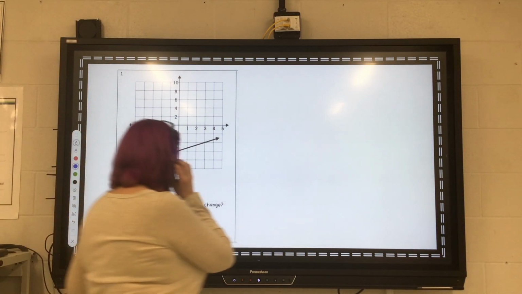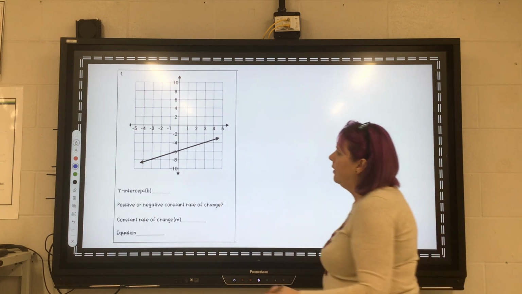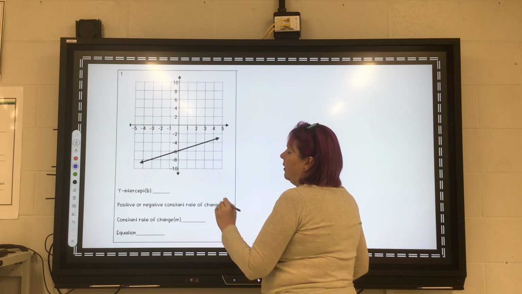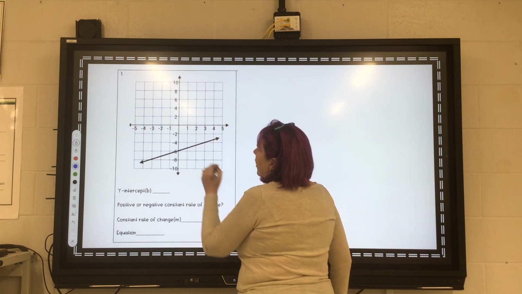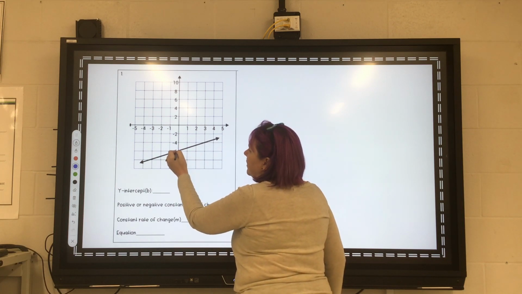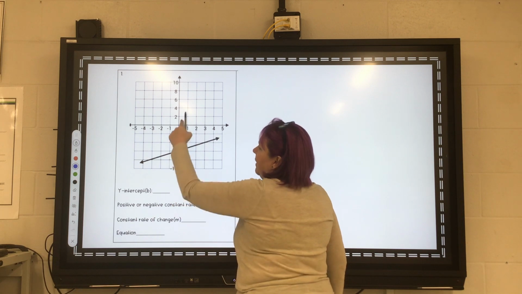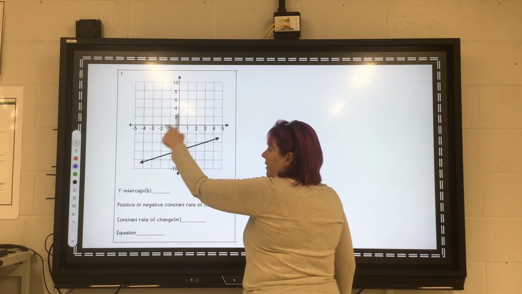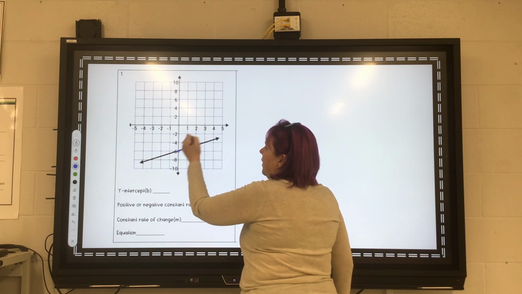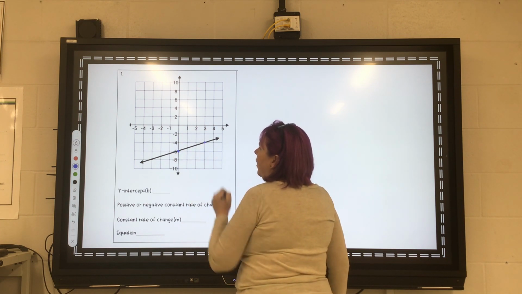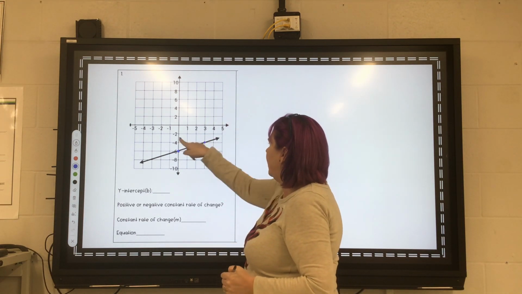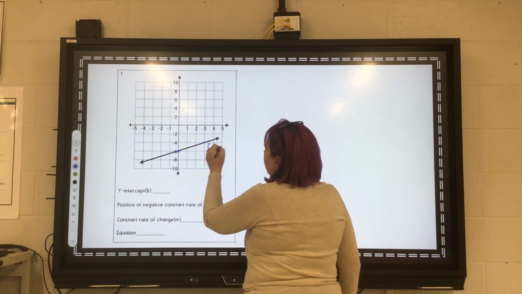Here's our first example. We're going to do exactly what we did yesterday, or just a minute ago, but this time we're going to find 2 points. I'm going to choose this point because it's my y-intercept. It's on my y-axis, and then I'm going to choose this one. I'm just picking pretty points where it crosses the lines. Now I'm going to identify them.